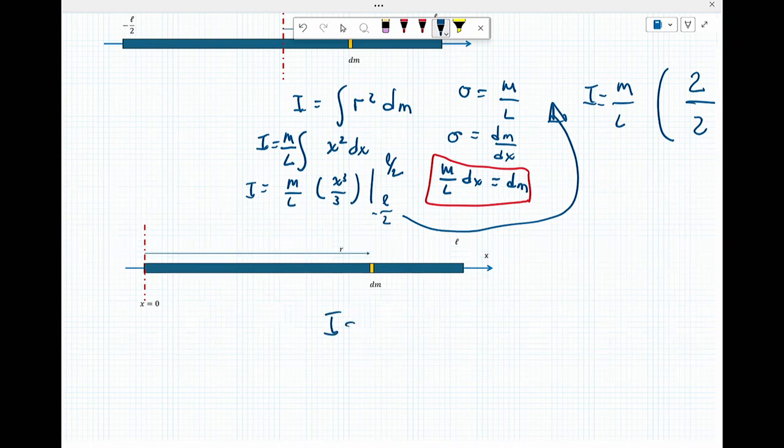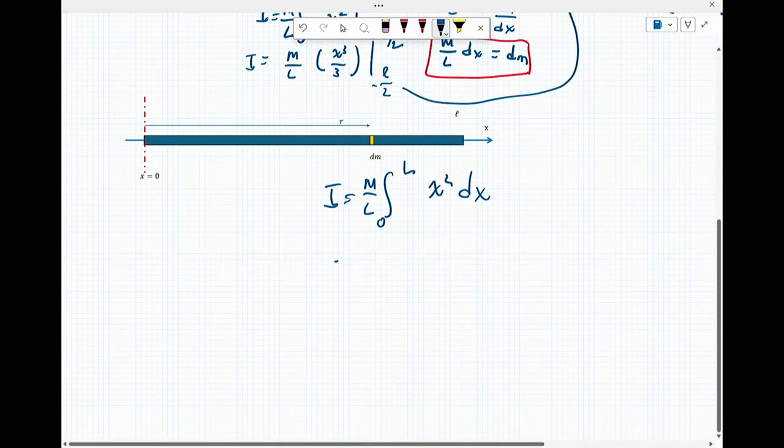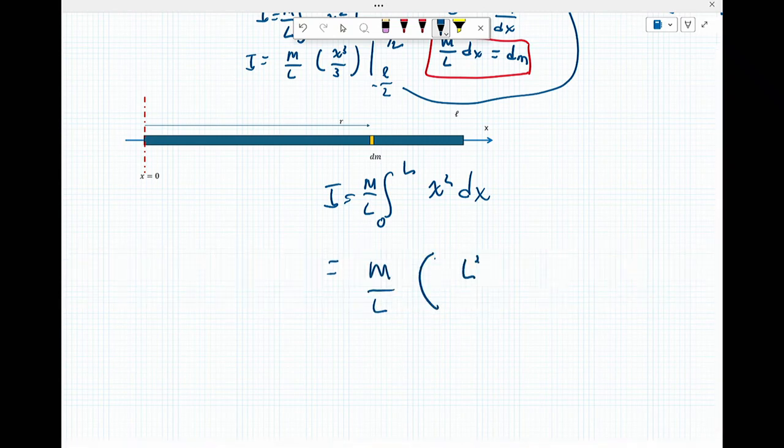So I equals the integral from 0 to L of m over L, x squared dx. Substitute terms in, you end up with m over L, L cubed over 3, and you end up with your 1/3 ml squared.